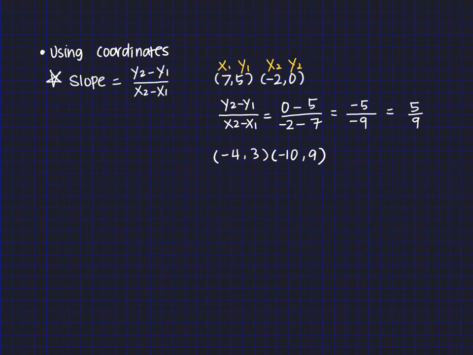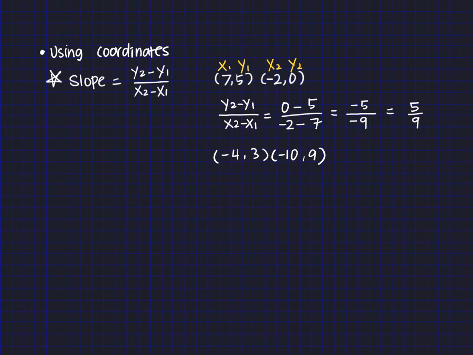I'm just going to give you one more example before we move on to the next one. So let's say I have two coordinates like this, (negative 4, 3) and (negative 10, 9). So I'm going to use the same equation. I'm not going to write it again, but I will follow the same rule that I applied for the first one.